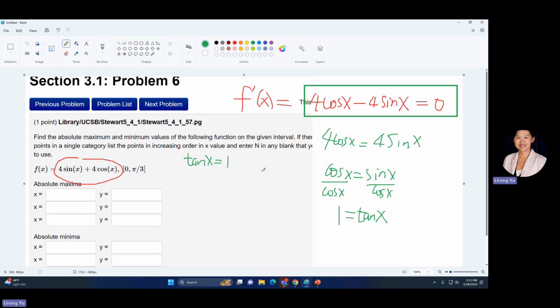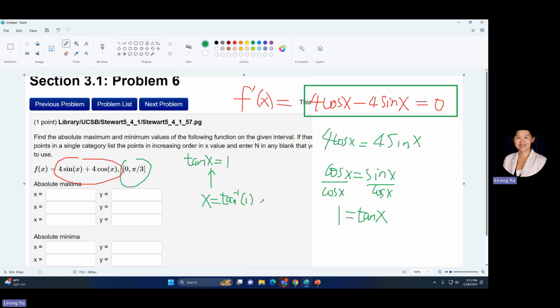The easy part is we're not solving for all the numbers. Trig functions are periodic, so this equation has infinitely many solutions, but we are only solving between 0 and pi over 3. Pi over 3 is 180 divided by 3, which is 60 degrees. So it's less than 90 degrees, and this can easily be solved with the inverse function. So x equals tangent inverse of 1.